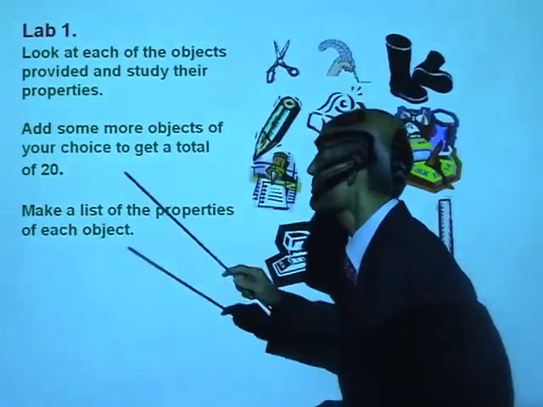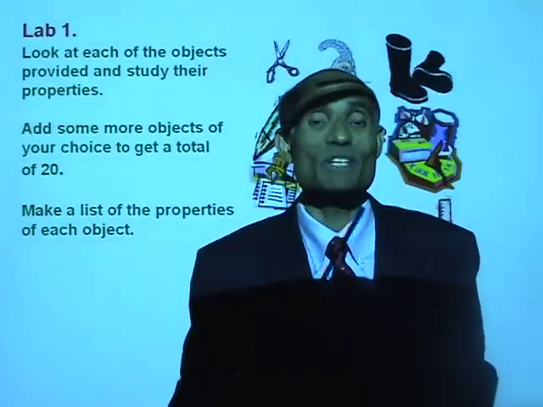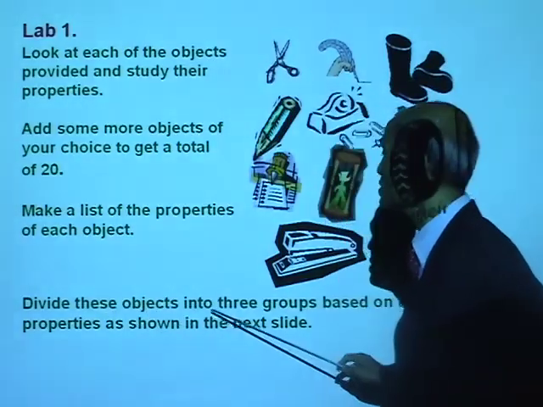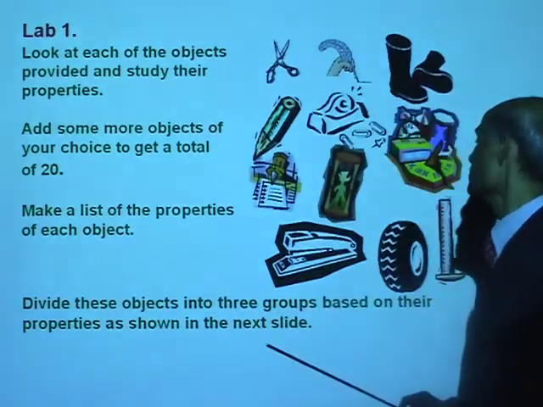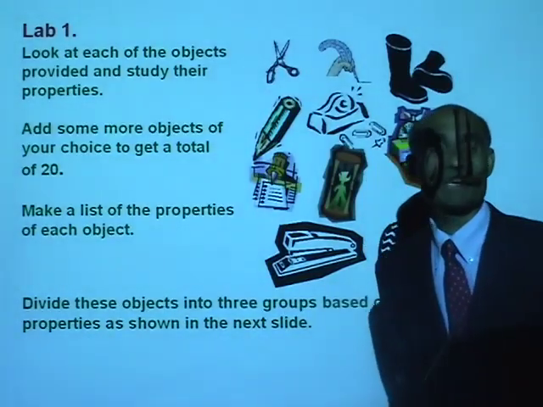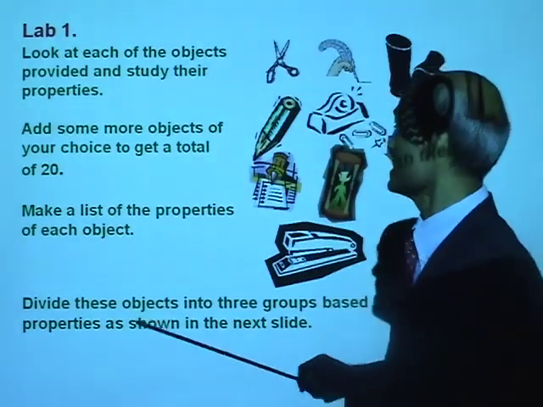Make a list of the properties of each object. Well, if you look at the worksheet, I have given you space for that. And then divide these objects into 3 groups based on their properties as shown in the next slide. Again, that is given in your worksheet.